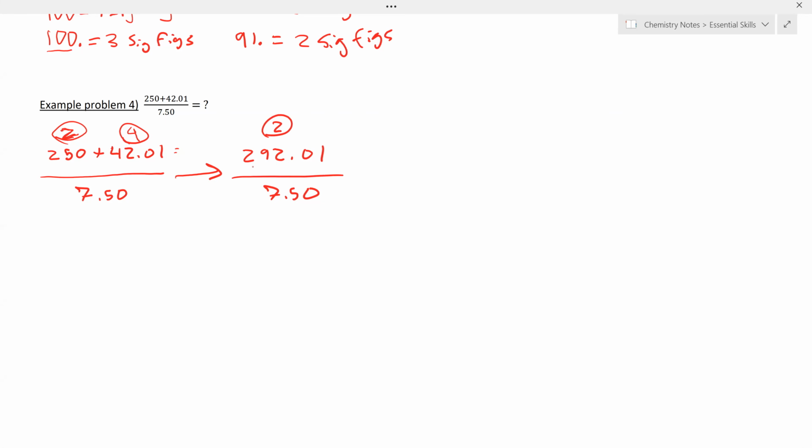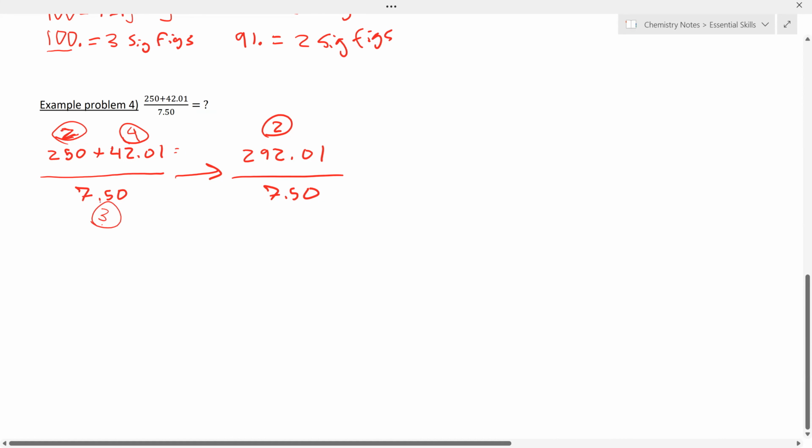An important thing that we went over earlier that you've got to remember when solving is that you don't apply your sig figs while you're solving. You're not going to round to 2 sig figs here because this is not your final answer. All you do is keep track of it. Now this goes on to the 750. That has 3 sig figs.